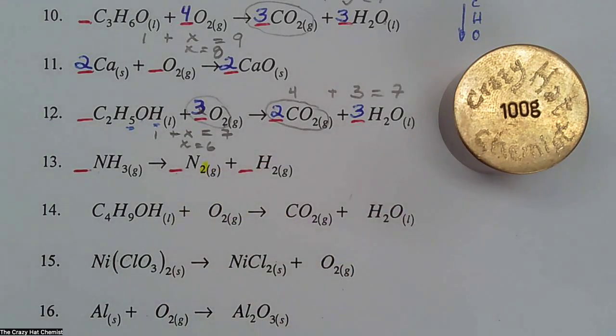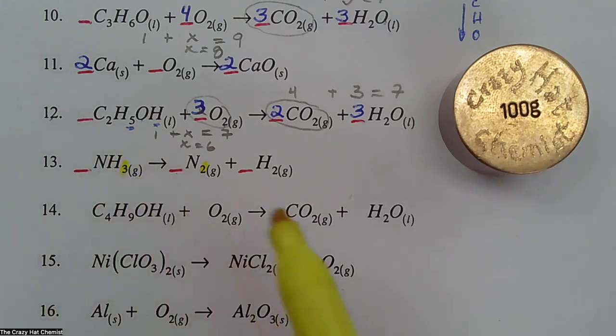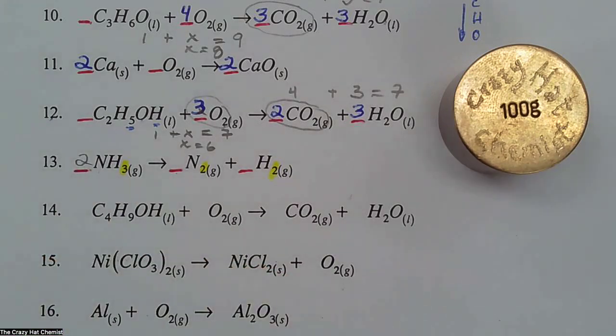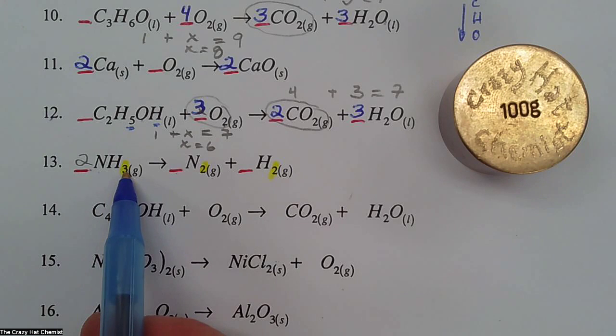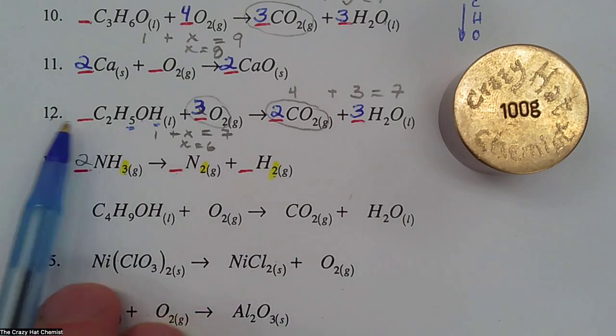Perfect, beautiful. So that means that the nitrogens are not balanced. In addition to that, there are 3 hydrogens on the reactant side and 2 on the product side. So maybe initially one might place a 2 right over here to balance up the nitrogens. And that might be perfectly fine. But we do have to deal with these hydrogens, and there are 3 on the reactant side and 2 on the product side initially without this 2 coefficient.